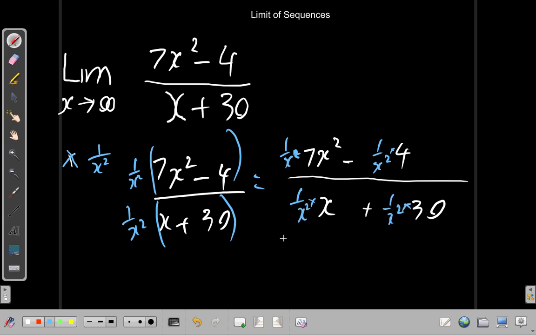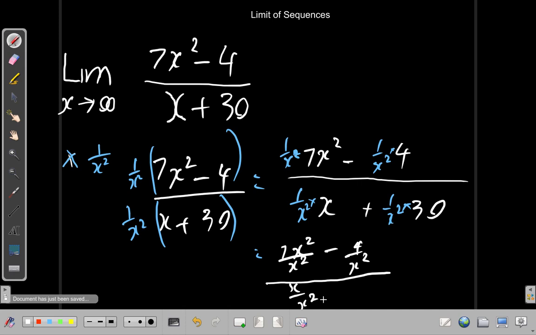Now, what you're going to have is this: 7x squared over x squared, minus 4 over x squared, all divided by x over x squared plus 30 over x squared. You see that? x squared cancels x squared.